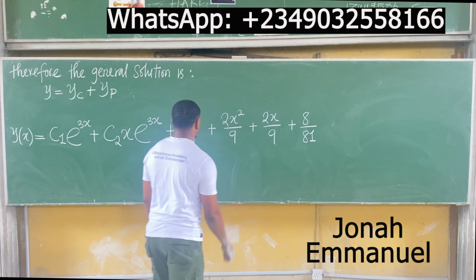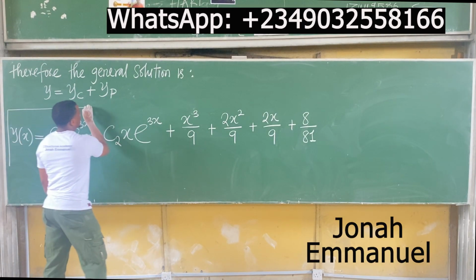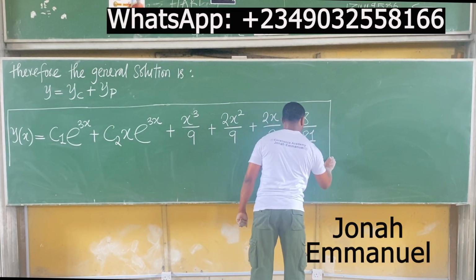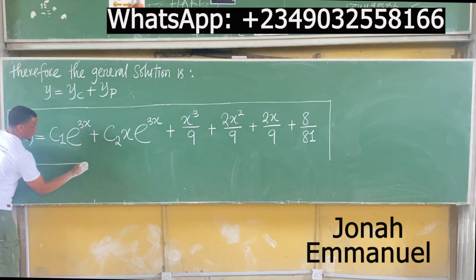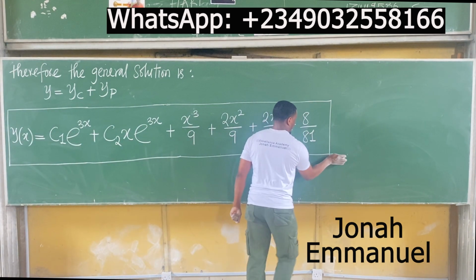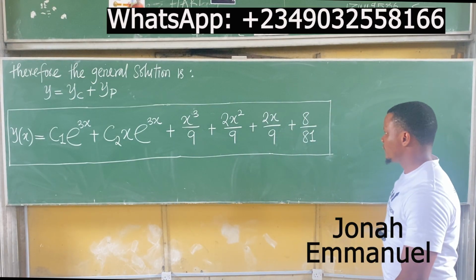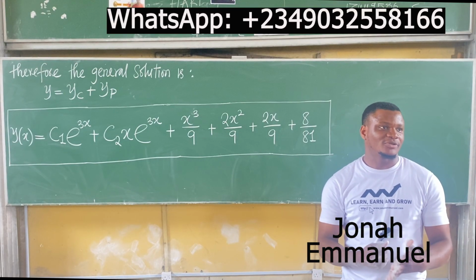So what I have here now becomes the answer to the question. All right, so basically, this is the answer to the question, and that's how we solve the question. All right, any question, please?